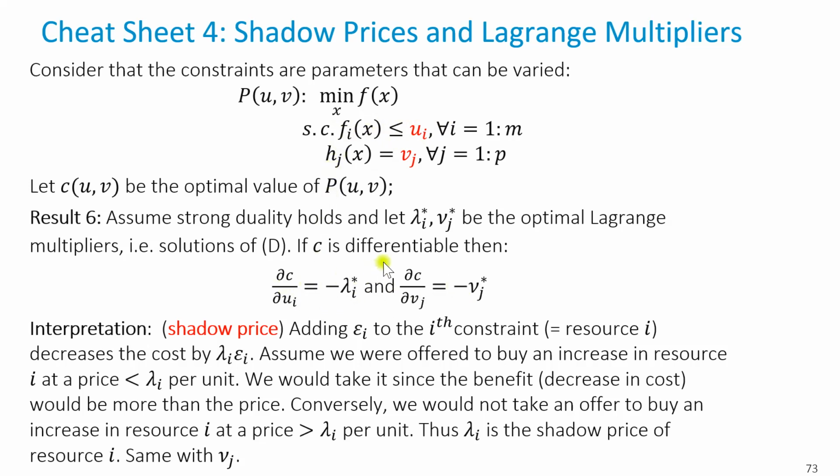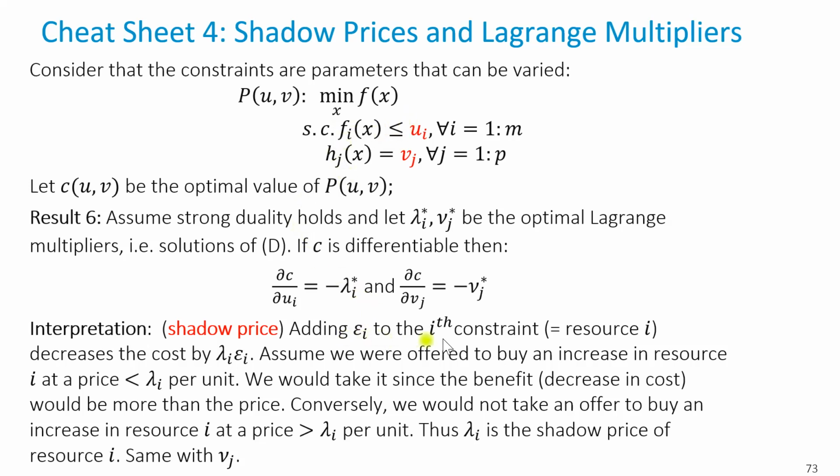Now, how can we interpret this? Well, if I interpret this as a cost of running a system when I have resources u and v, it says: if somebody could sell you an increase of u or v, which price would you be willing to pay?